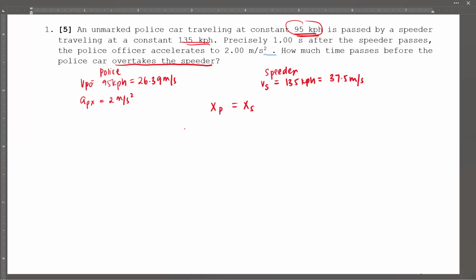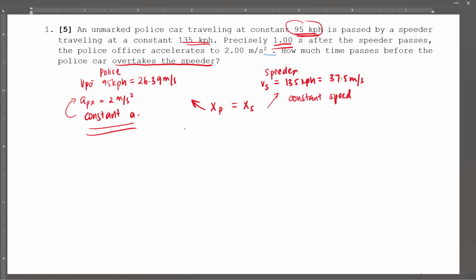Pero kailangan ma-realize na si police natin is traveling with constant acceleration at si speeder natin is moving with constant speed. Magkakaroon lang ng constant acceleration si police once na nag-accelerate na siya, which is 1 second later pa.